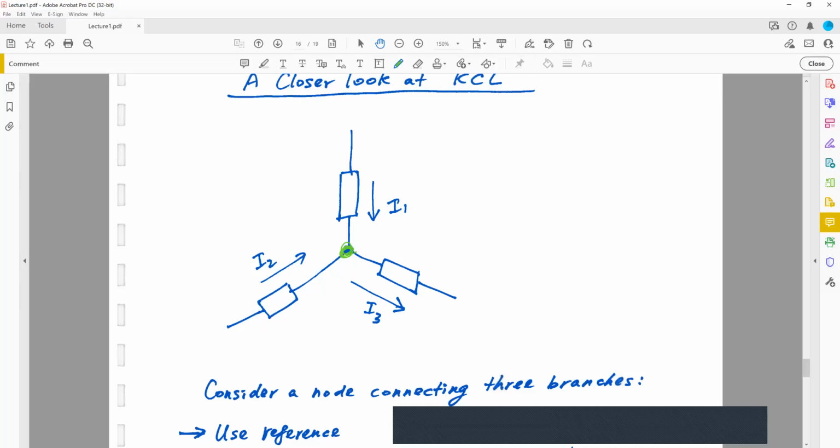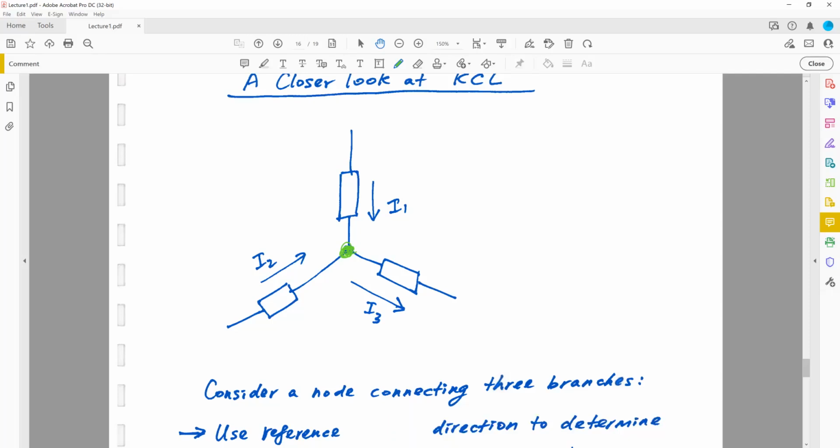And this current can either flow into this node or out of this node. It doesn't always have to flow into the node. Who says it has to always do that? It can go anywhere. But the key here is the algebraic sum of all the currents entering into this node has to be equal to 0.